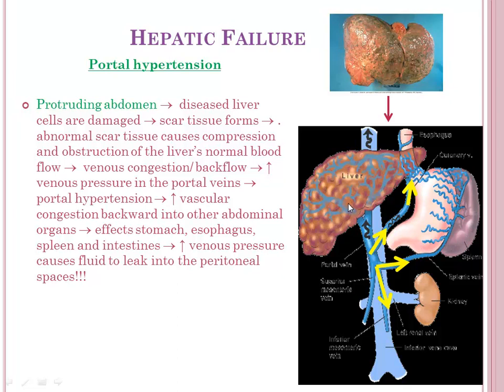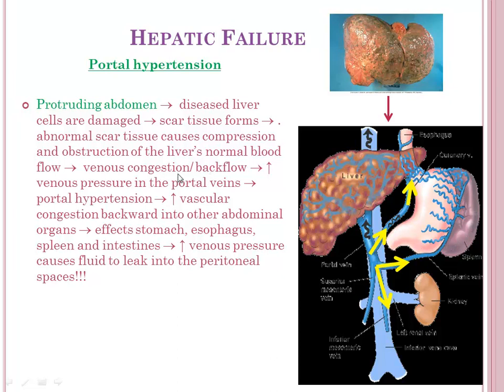In other words, your 3-lane highway now goes down to one twisty, windy road that leads to the inferior vena cava. And so venous blood is not able to zoom through the liver, and that causes congestion or backflow, just like it would on the highway if you went down from 3 lanes to 1 lane.